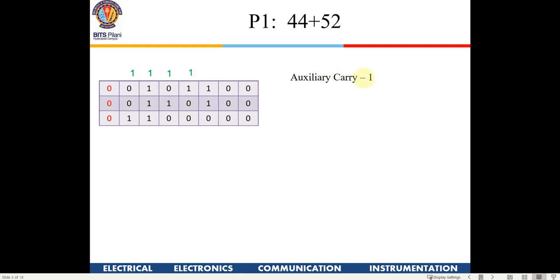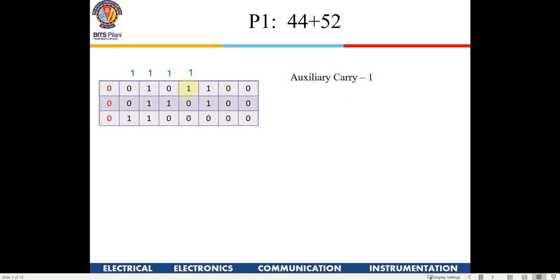Auxiliary carry means when we are adding these 4 bits, if there is a carry from the 4th bit to the 5th bit, then it is known as auxiliary carry. Here you can see there is a carry from here to here, so we say the auxiliary carry is 1.